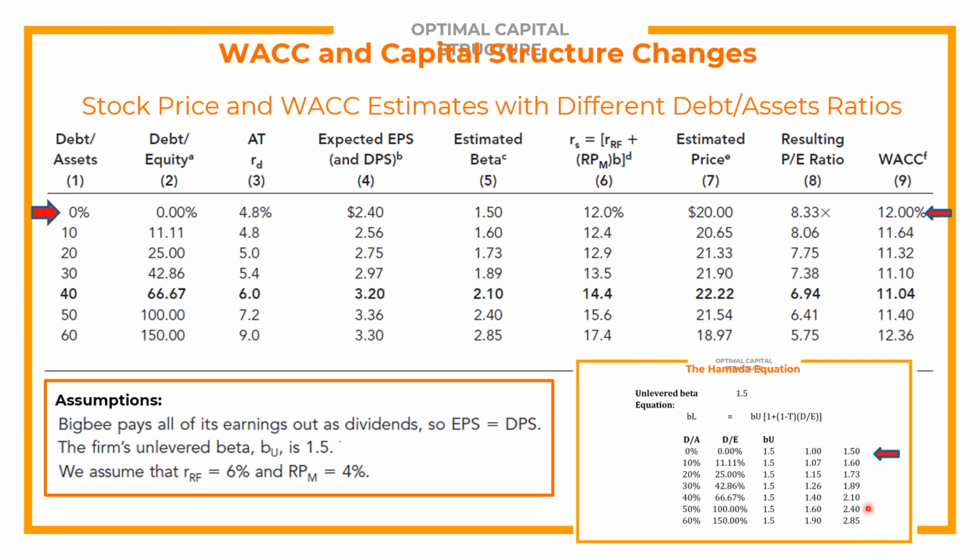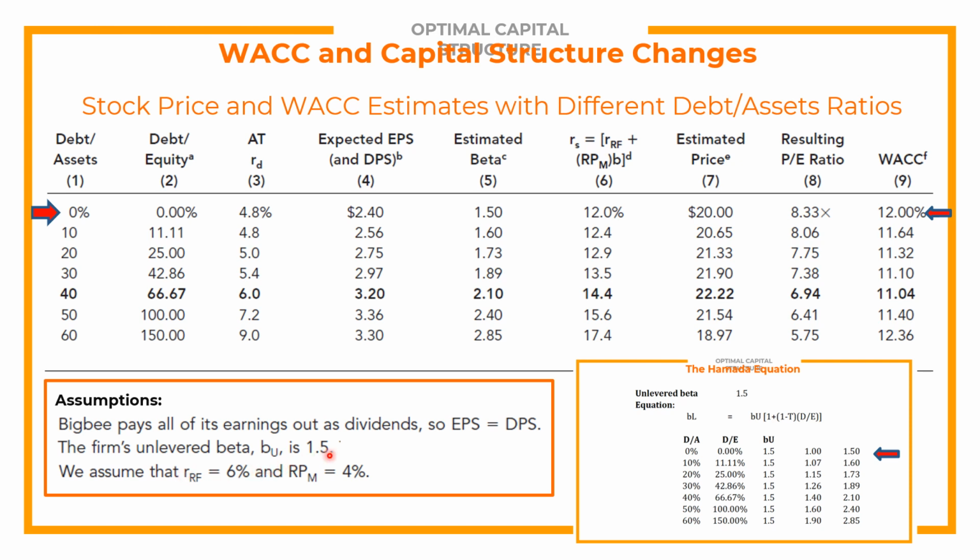So again, step 1, estimate the beta. Okay, so we have already estimated that the beta at 0% debt is 1.5, and that is given in the problem. We just computed it using the Hamada equation, right? But it is also given in the problem that without debt, our unlevered beta is 1.5.